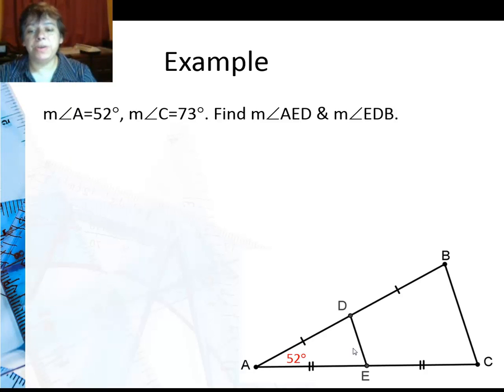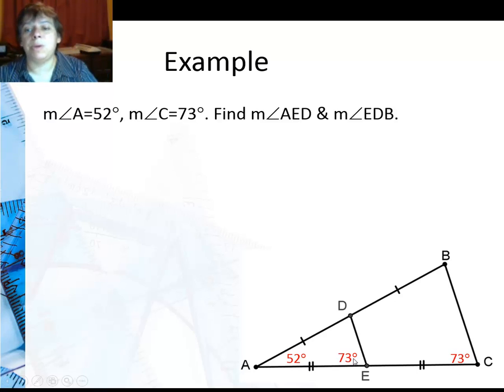First of all, I know the measure of angle A is 52 degrees. I know the measure of angle C is 73 degrees. I'm trying to find the measure of angle AED, which is right here, and EDB. For AED, I know that this angle right here is going to match angle C here. The reason is, if these two lines are parallel, you can see the transversal here.